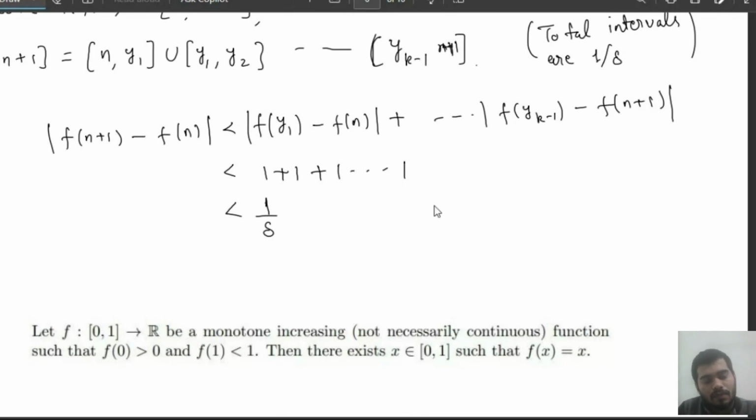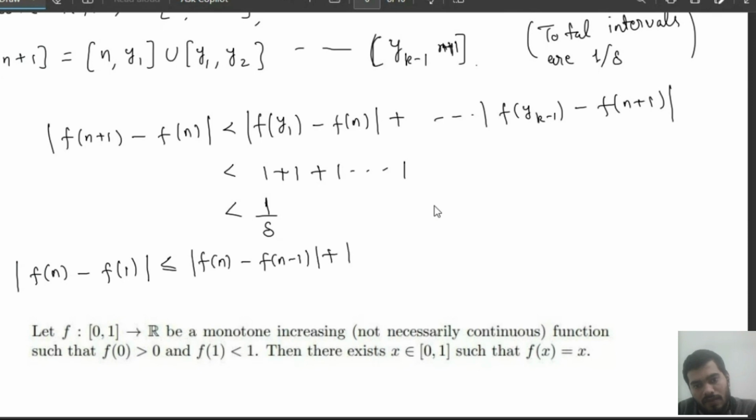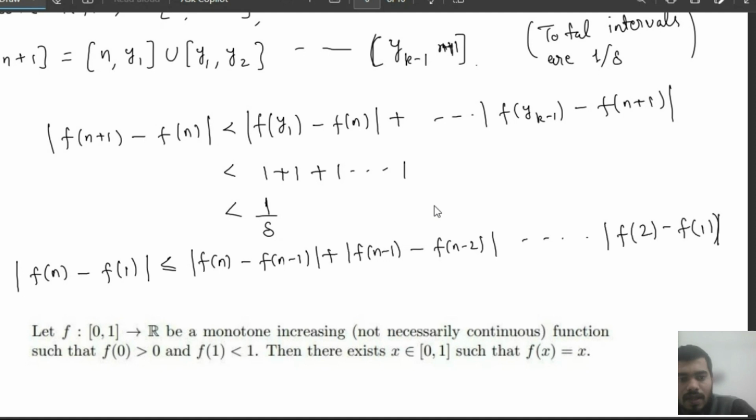Now again, I can apply this formula recursively, and I can write this as f(n) minus f(n minus 1) plus f(n minus 1) minus f(n minus 2), and so on up to f(2) minus f(1). And there will be n such elements, so this quantity will be less than n over delta.